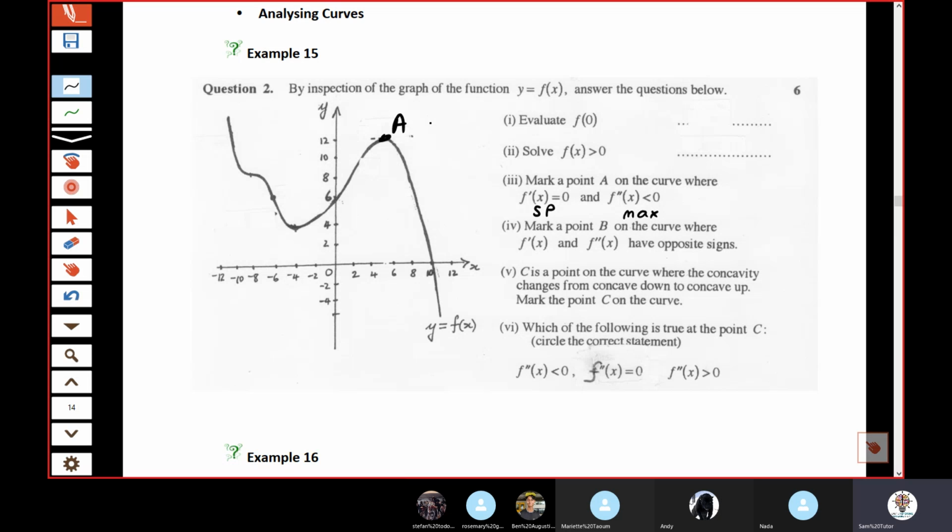If not, move on. What does double i say? Solve for f of x greater than 0. You know when f of x is greater than 0. Again, if it's coming to you, great. If it's not, move on to the next one. Exam technique, literally, if it takes more than 2 seconds and it doesn't come to you, move on.